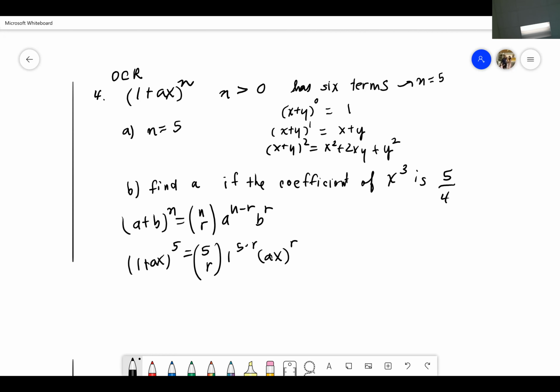So we know r is 3. And then we have 5c3. What's 5c3, wonderful people?